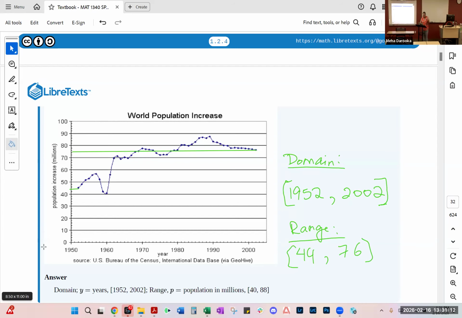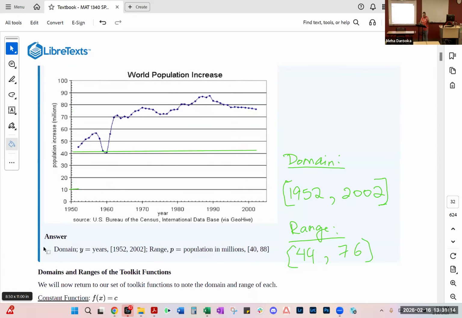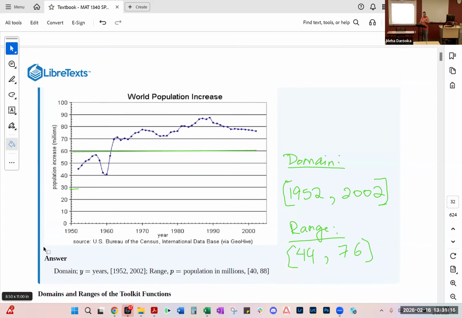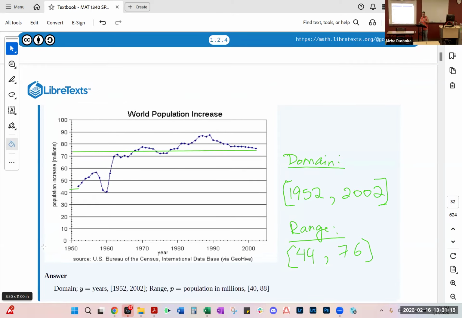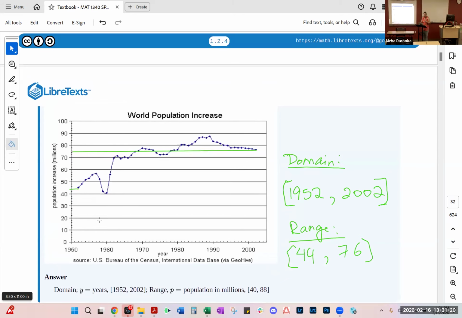So again, that is looking at a graph and trying to identify your domain and range. Oh, I did that wrong. I'm so sorry. I can't even believe I did that because I just went till the end, but we should be going to the highest point, not the end. My apologies. So yeah, that will actually change that.